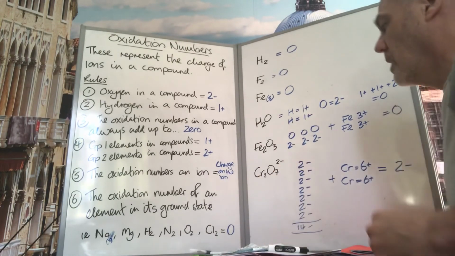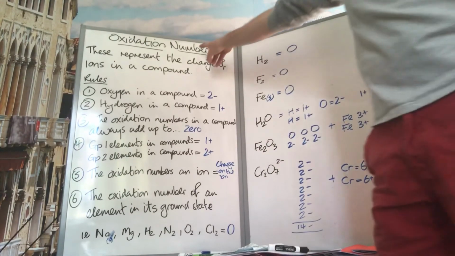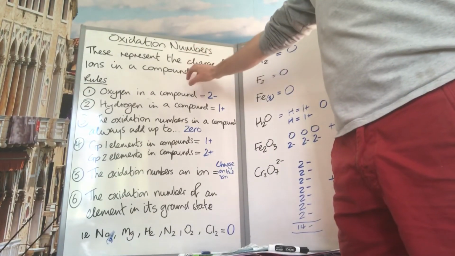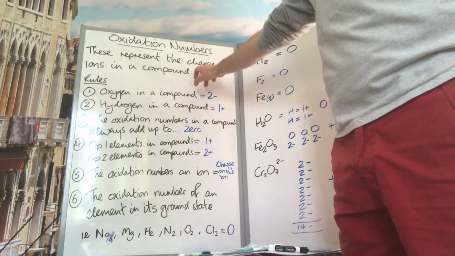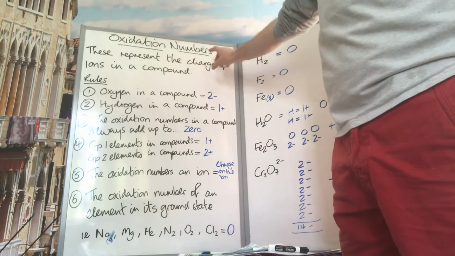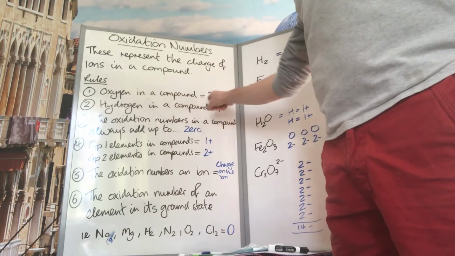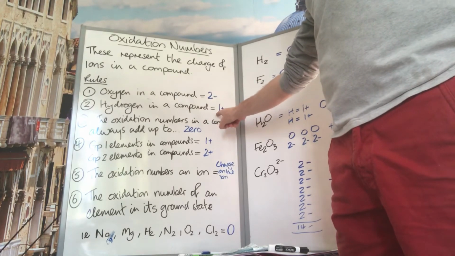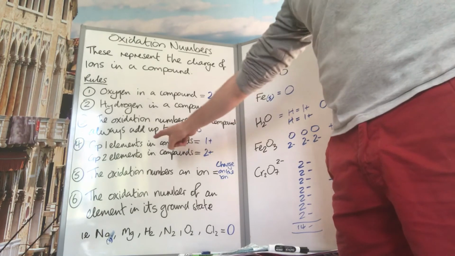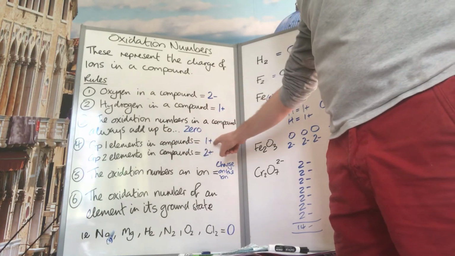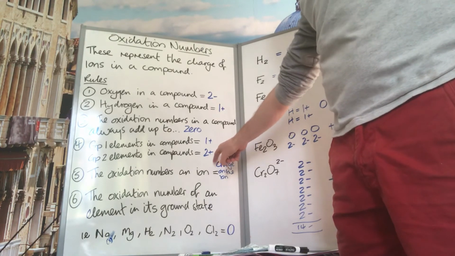Okay, so to summarise, oxidation numbers for higher students represent the charge of the ions in a compound or a complex ion. There are rules to apply. Oxygen is always 2 minus, hydrogen is always 1 plus. The oxidation numbers in a compound add up to 0. Group 1 elements in compounds are 1 plus, and group 2 elements are 2 plus.